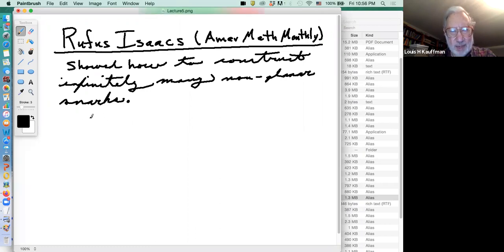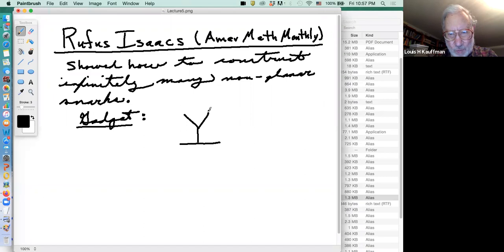And his gadget, this is the Rufus Isaacs gadget. This is a little box with 3 inputs and 3 outputs.